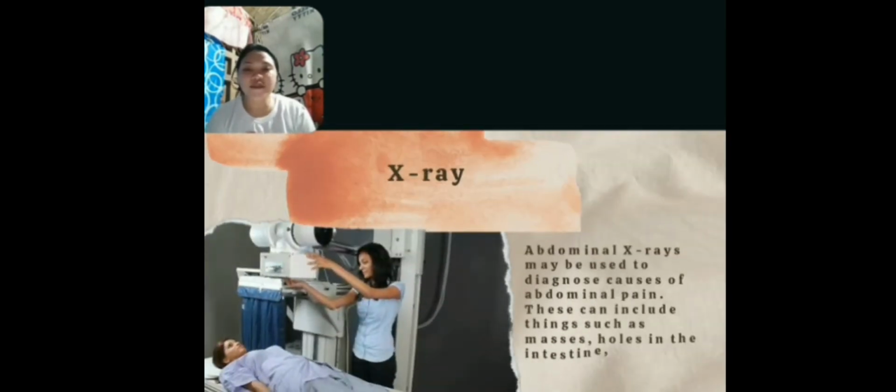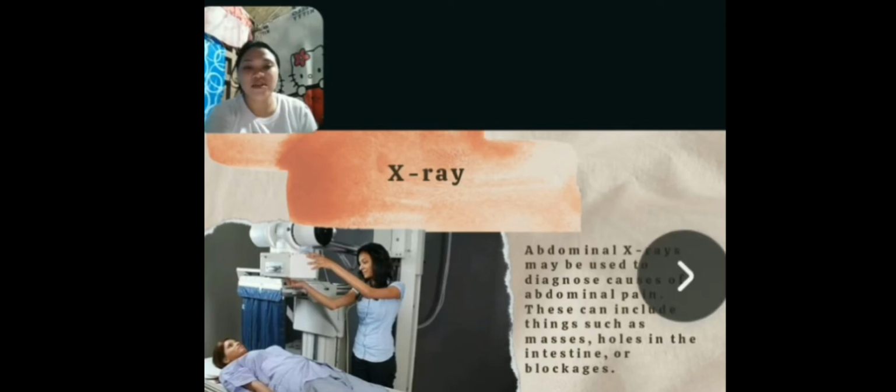So the first is X-ray. Abdominal X-rays may be used to diagnose causes of abdominal pain. This can include things such as masses, holes in the intestine, or blockage.